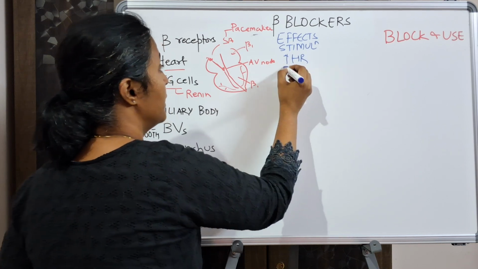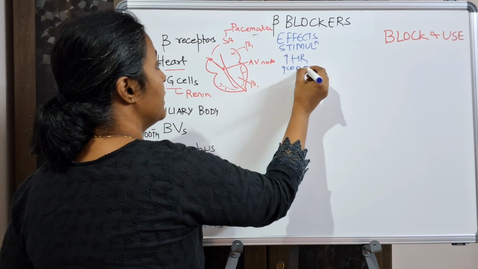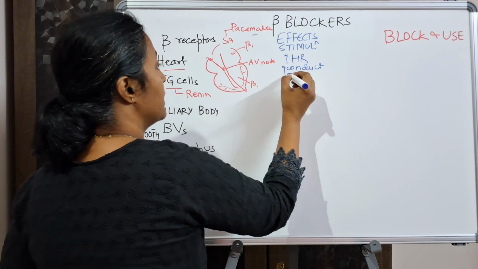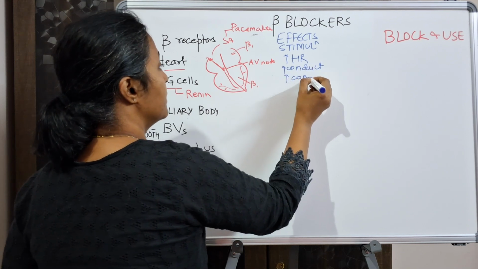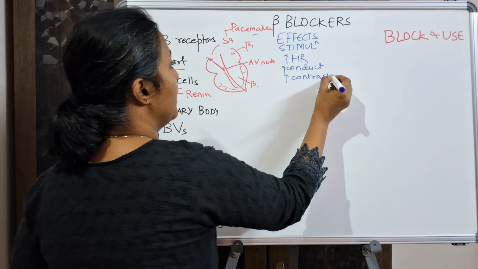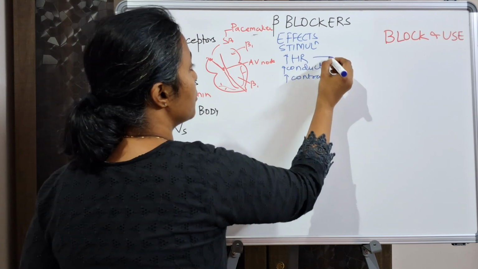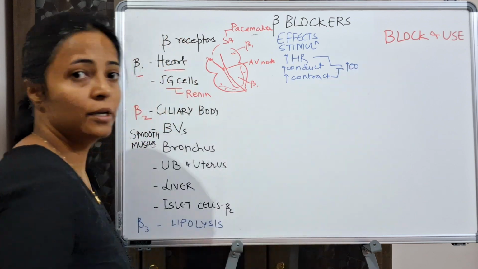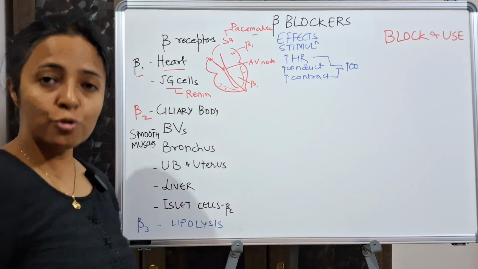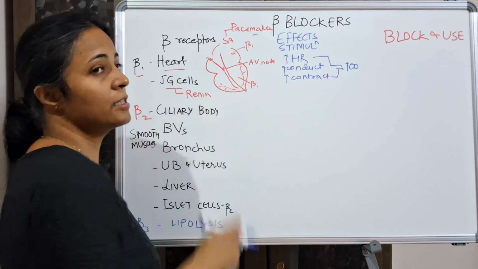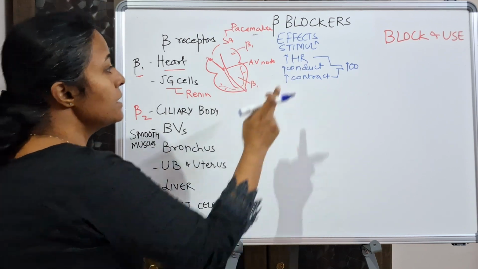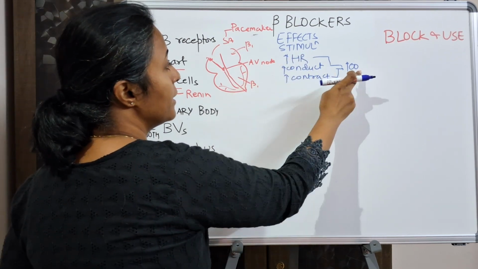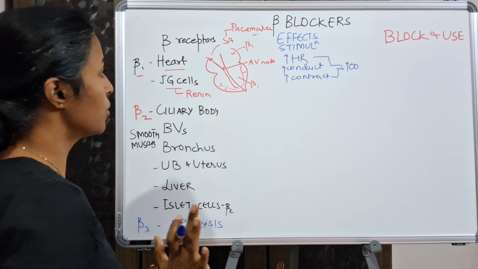Heart rate, conductivity and contractility increase. When heart rate and contractility increase, the cardiac output increases, because cardiac output is heart rate times stroke volume. Contractility increases, so stroke volume increases, and the increase in heart rate and contractility leads to an increase in cardiac output.